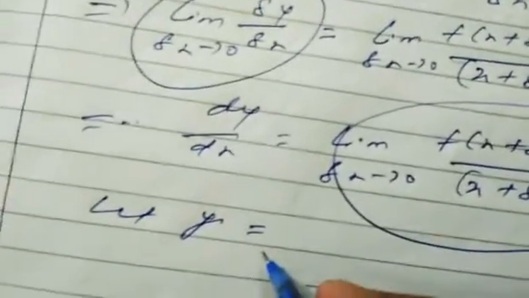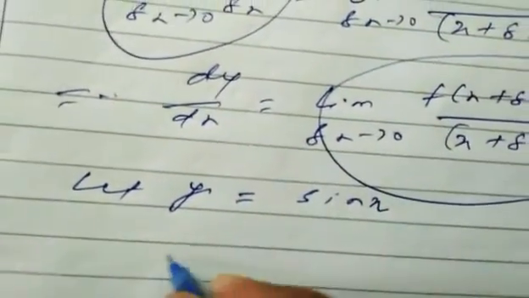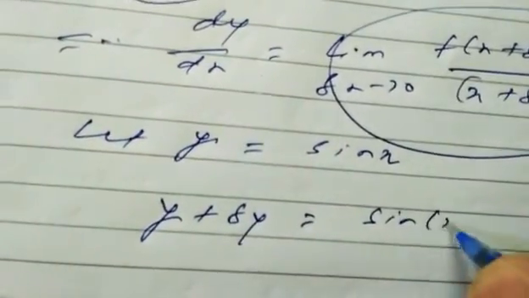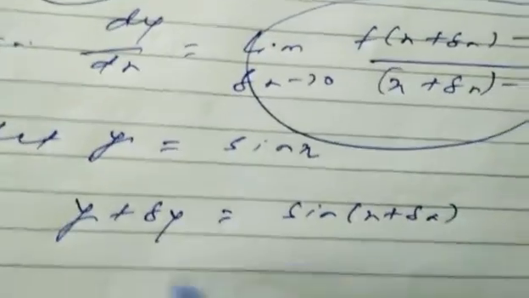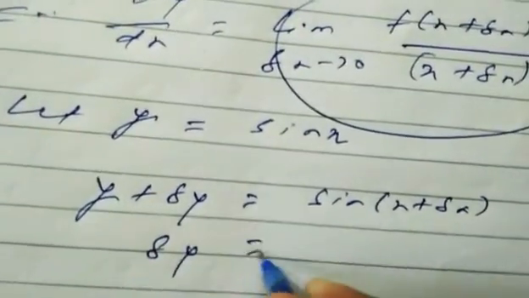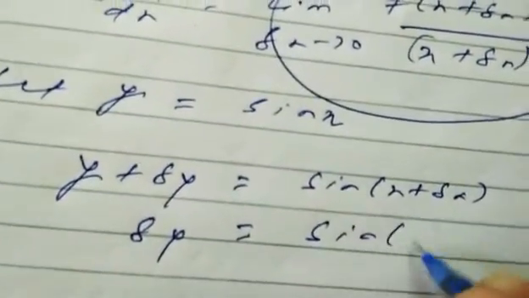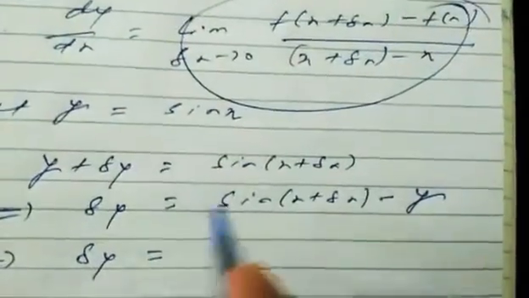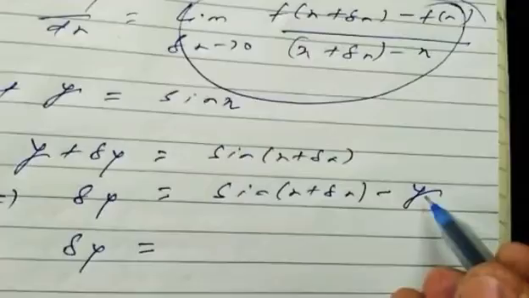So I have taken a function, just sin x, y is equal to sin x. We can write it like this: y plus del y, meaning there is a small increment del x in x, and that gives del y in y. So del y is equal to sin(x + del x) minus y.